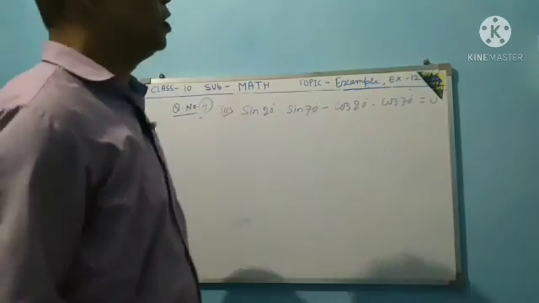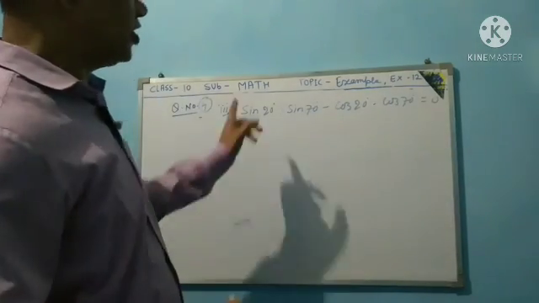That is to be proved: sin 20 degree into sin 70 degree minus cos 20 degree into cos 70 degree equal to 0. So first, in previous classes I said to you always take your face.